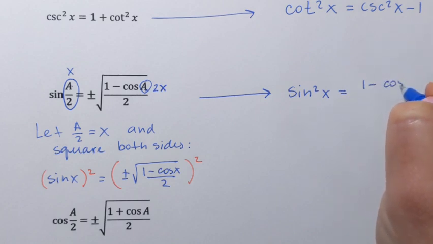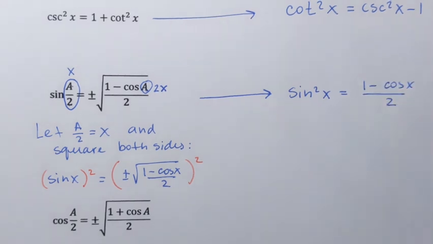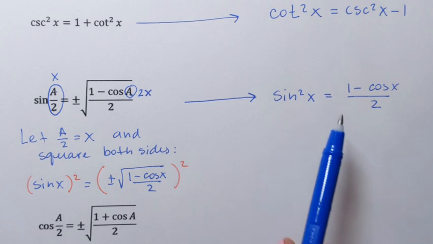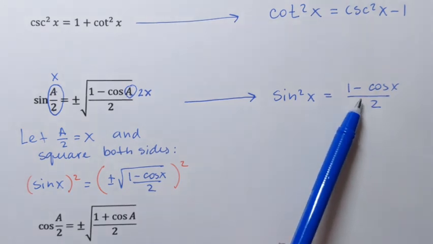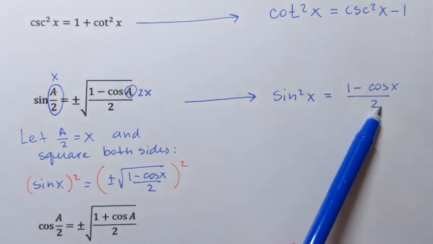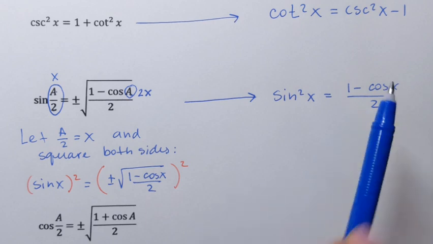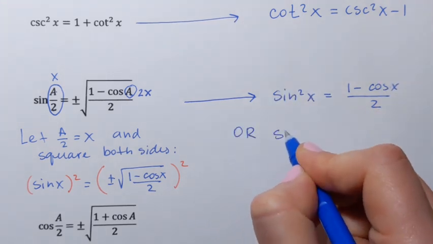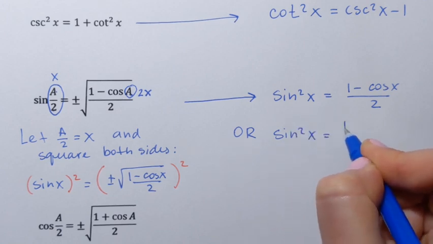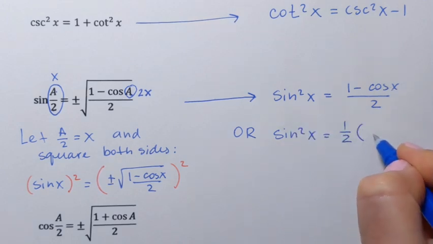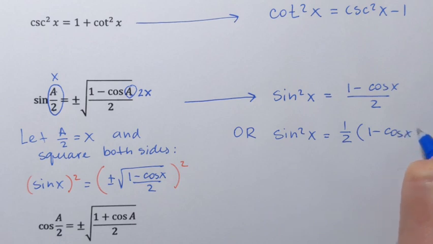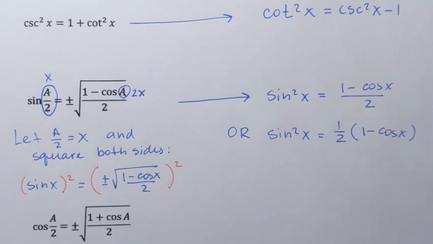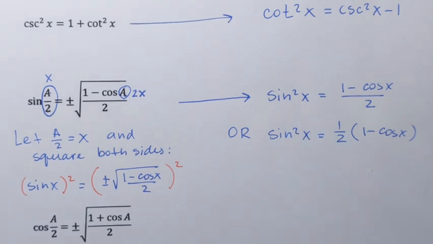Actually, I can rewrite it, and that 2 in the denominator, it's same as 1/2, right? So I can also write sine squared of x equals 1/2 times 1 minus cosine of x, right? So that's the same thing, and that's what we're going to find helpful as we solve trigonometric integrals or evaluate them.